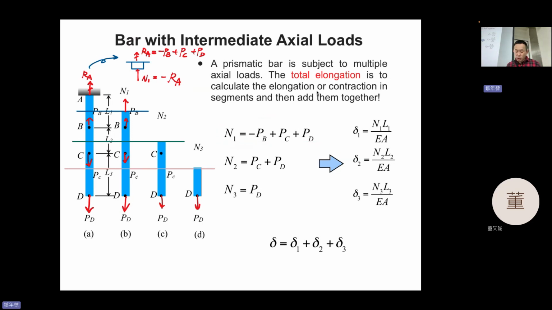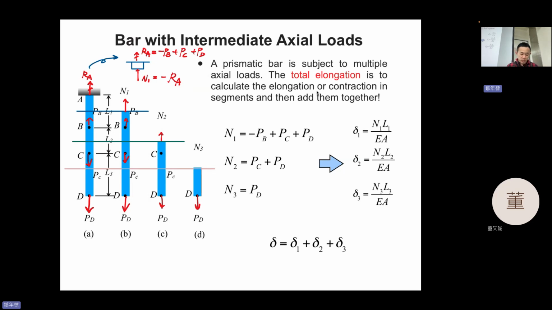How about N2? N2 is the second section, the BC section. So for the BC section, I just cut this through. I want to see the internal force in the BC part. So I just cut it and then choose the bottom side. And then we add the N2, which we don't know what it is.